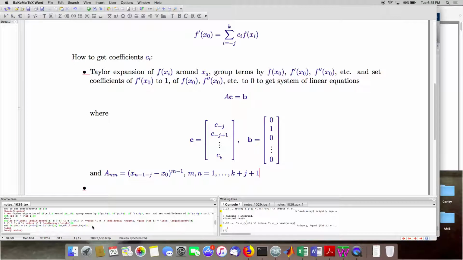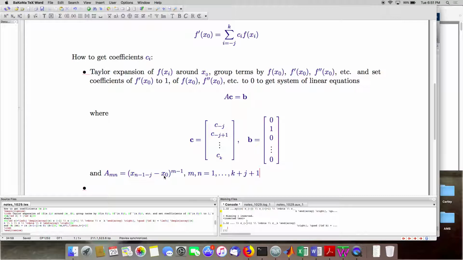So if you can set up this system of linear equations, and I wrote it out this way because you could code this in MATLAB. You'd have a vector of x values already, all these x values, and you can write a for loop that would populate this matrix with these powers of these matrix entries. Now, if the points are equally spaced with spacing h, then what would go in here is a multiple of h.